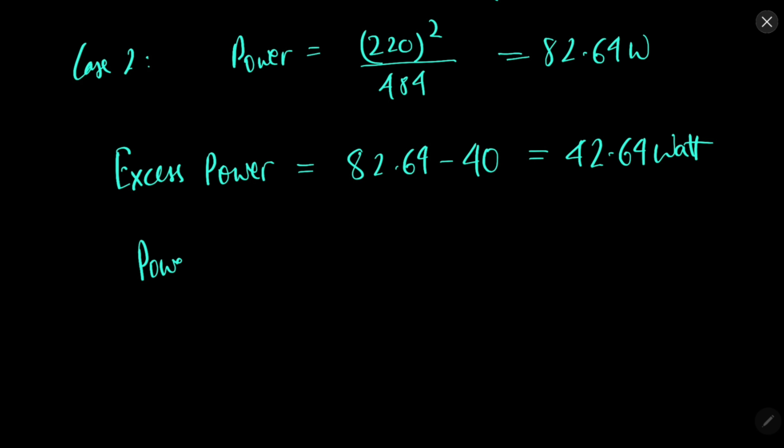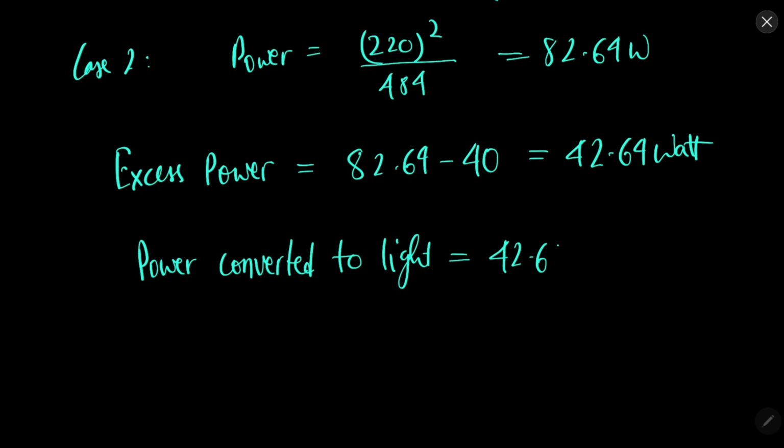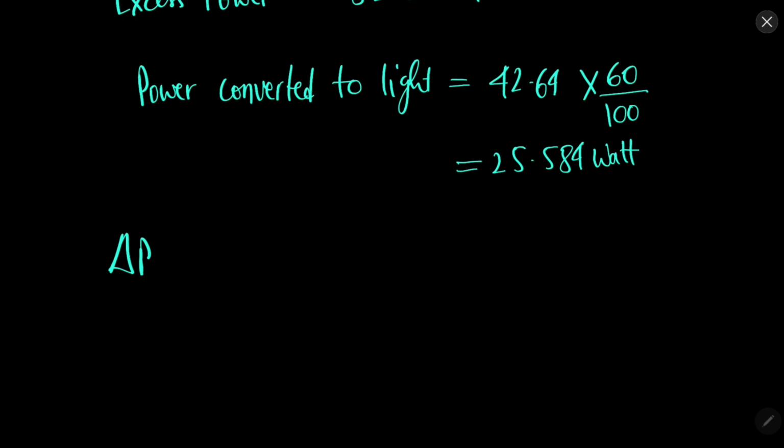So power converted to light in this case, 42.64 into 60 over 100, 25.584 watt. So the change in power, 36 minus 25.584, 10.416 watt.